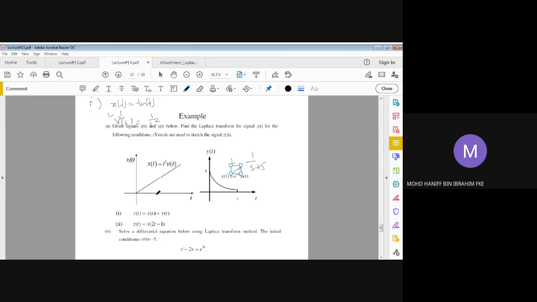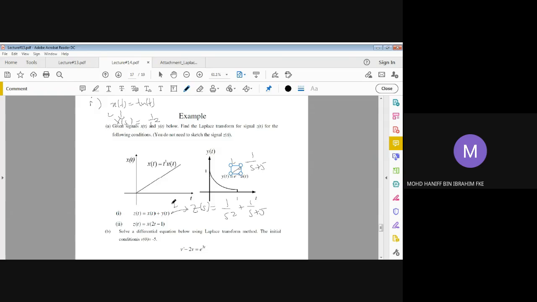So simply the Laplace transform for this zt, which is zs, will be just a summation of the Laplace transformations for each of them. So you're going to have 1 over s squared plus 1 over s plus 5. This is the property of addition and subtraction that we have learned in early parts of lecture 14. Okay, so that's the answer for the first part of this question A.